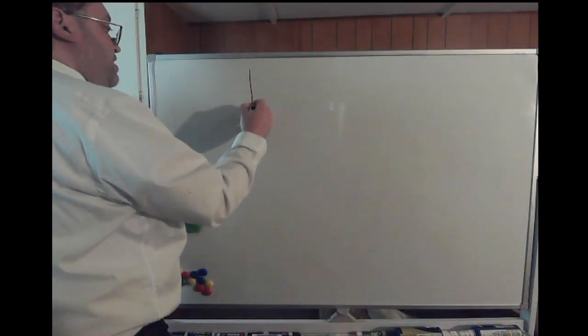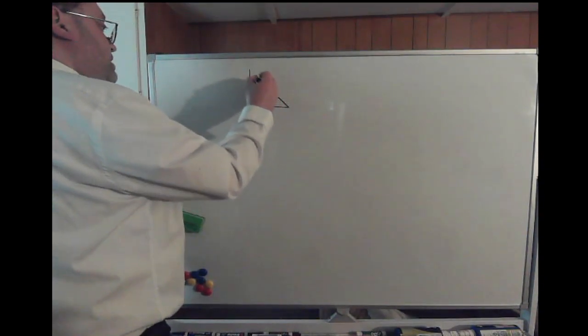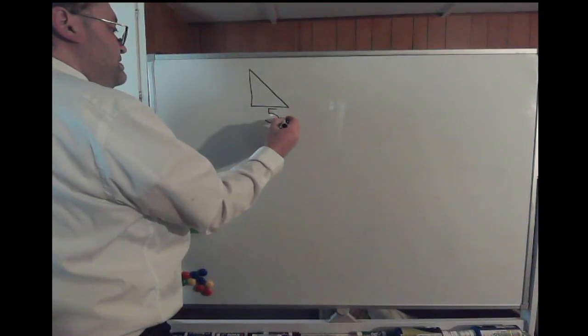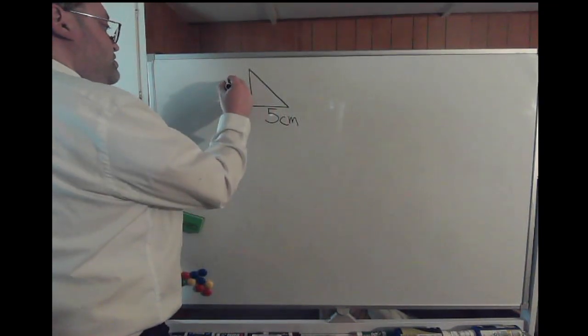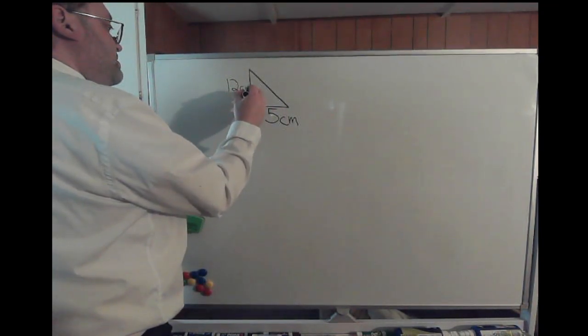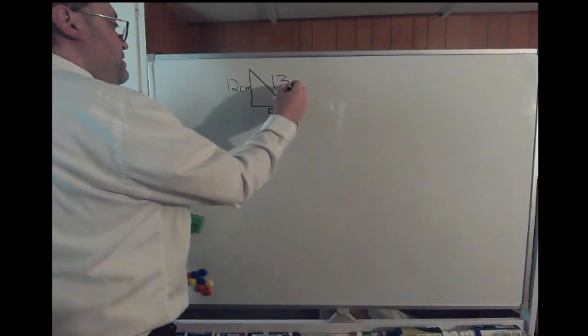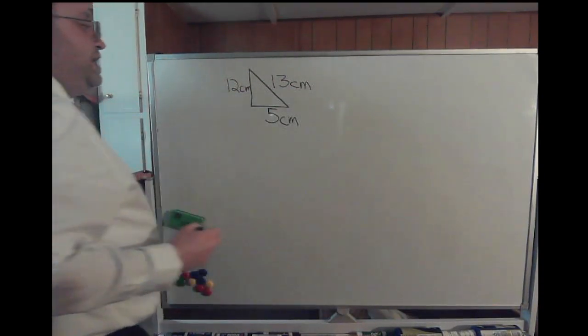But we'll do another triangle here real quick. So another triangle, let's say we have 5 centimeters, 12 centimeters, and then we have 13 centimeters, right?